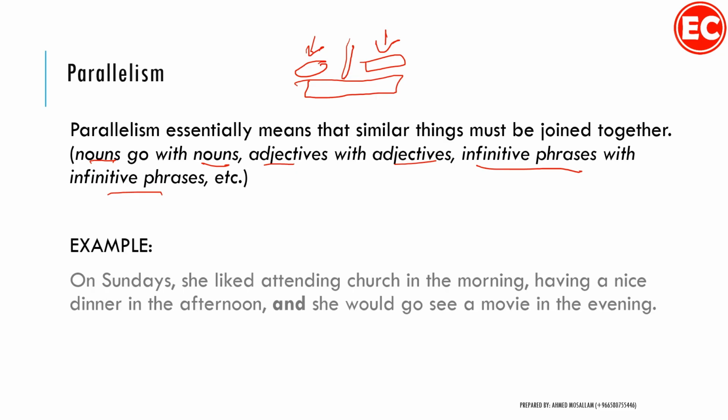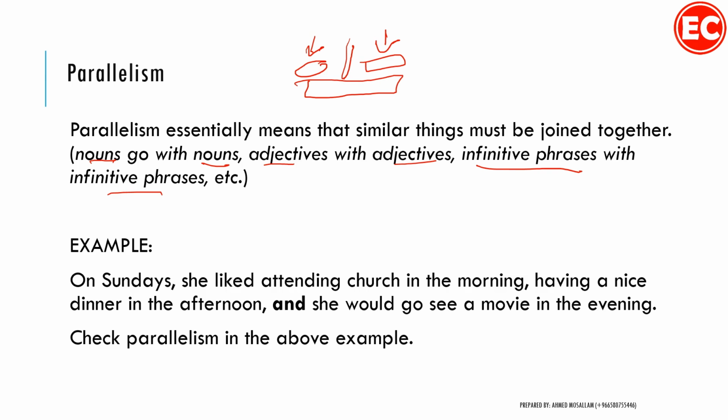Let's have an example and let's see the parallelism here. On Sundays, she liked attending church in the morning, having a nice dinner in the afternoon, and she would go see a movie in the evening. If you look at this sentence, you'll find that after "she liked," we have a gerund, attending. Having, we have a gerund here after the comma. And then we have a complete sentence.